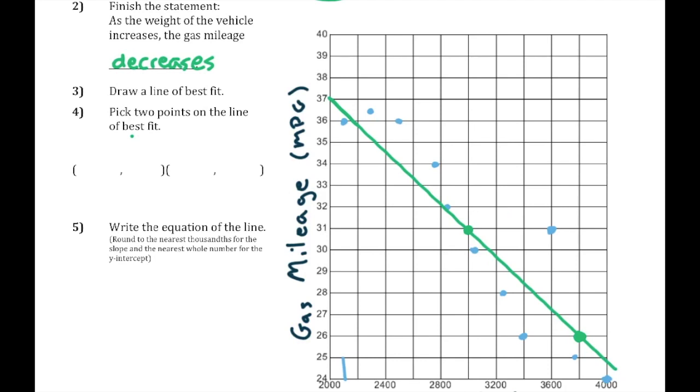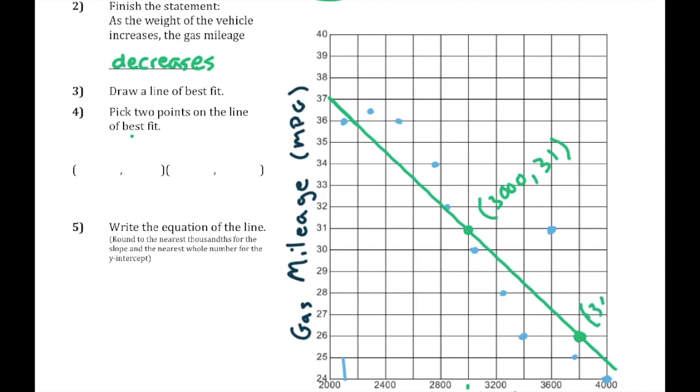And so this left point here, I notice it's between the 2,800 and the 3,200, so that's at the 3,000 mark, so this is 3,000. And I go up and that's 31. Okay, and then the next one, as I look through this, I go down here to this other point.